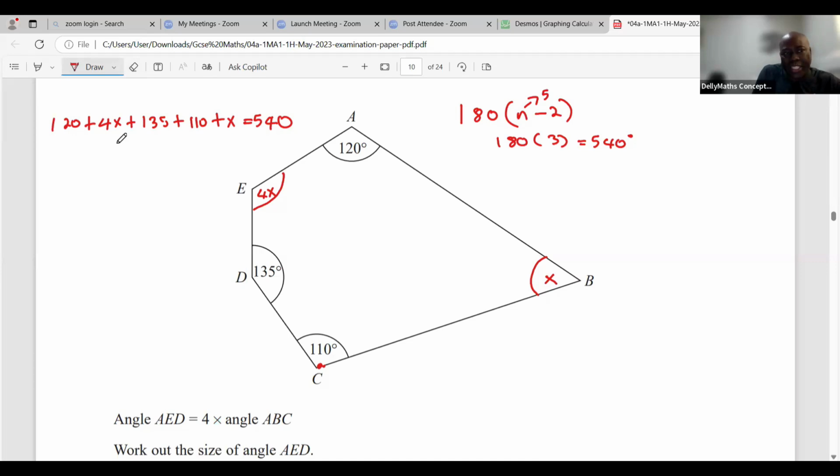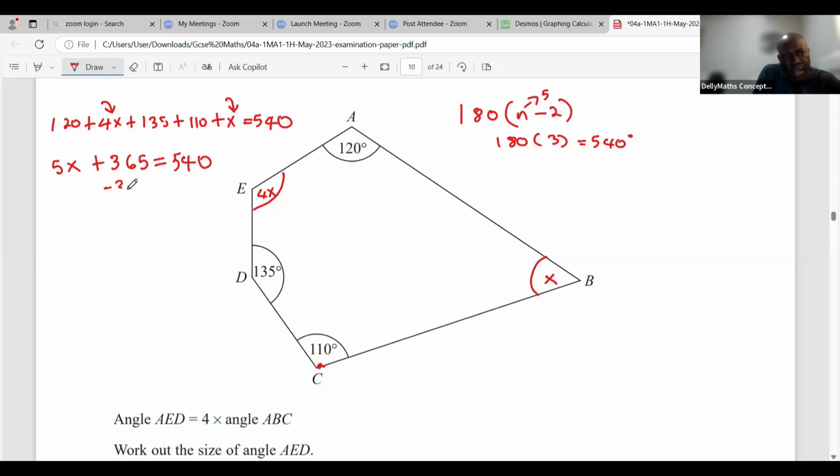We could call it our like terms, right? So x and 4x will be added to give us 5x. And when we add 120 plus 135 plus 110, we are getting 365.